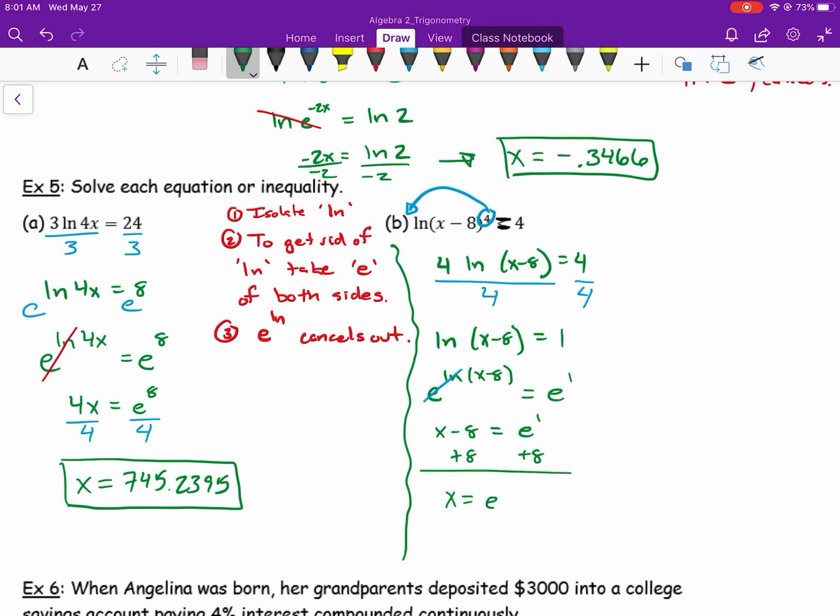So I'm going to get x equals e to the 1 plus 8. Again, just putting that in the calculator, I'm going to get x equals 10.7183. We are done.